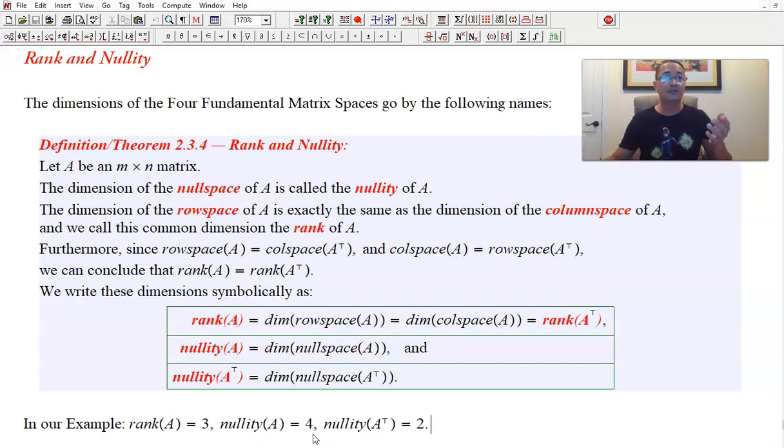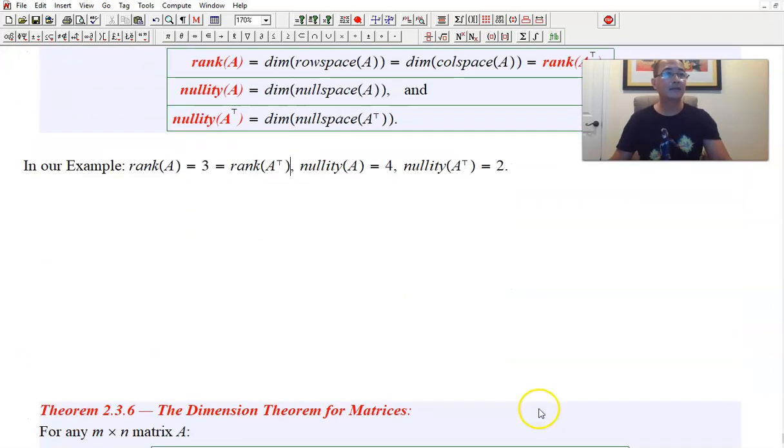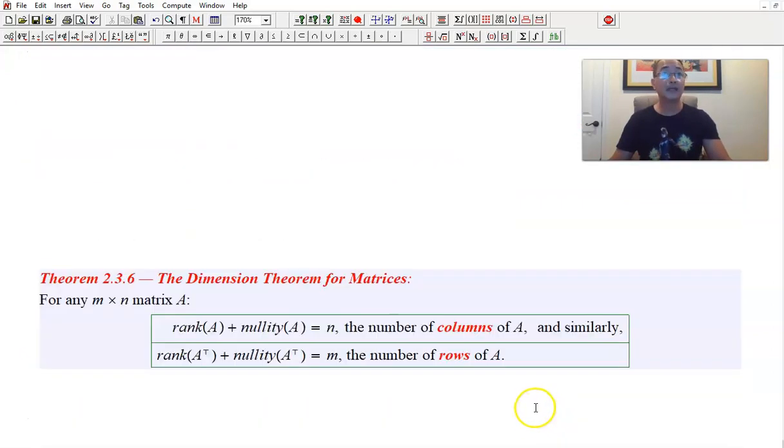A and the transpose have exactly the same rank, so that's also the rank of A transpose. Now the transpose has 5 columns, and 3 plus 2, the nullity of A transpose, also add up to 5. Not 7, but 5.